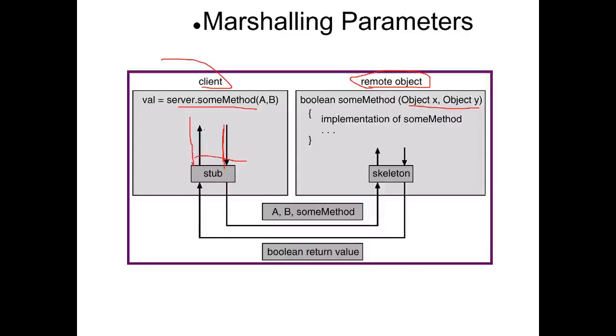So the stub will have what is sent and what is received. So it sends the method and the skeleton will receive it on the server side, and the object will be invoked, whatever is requested, and the response will be given back. This way they communicate with the help of the objects.